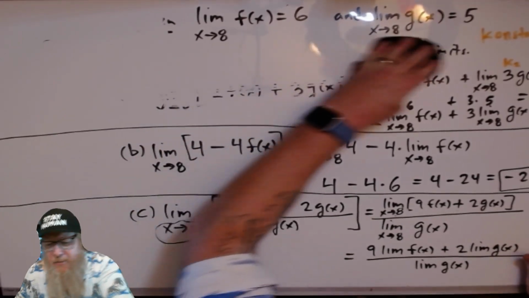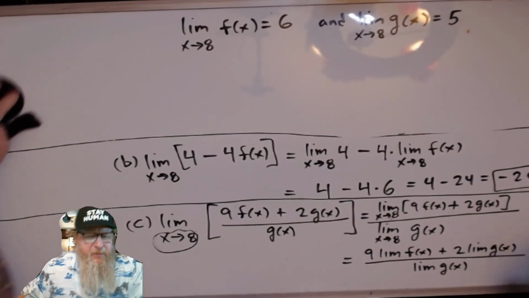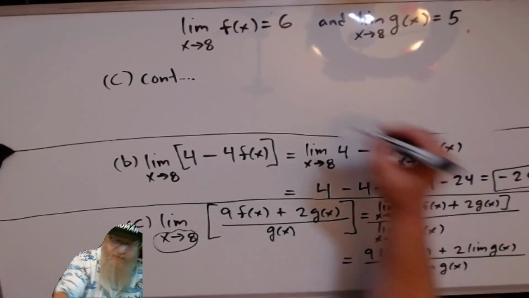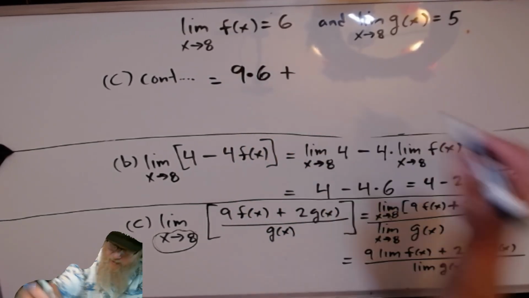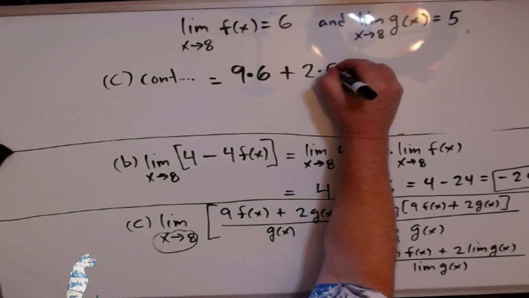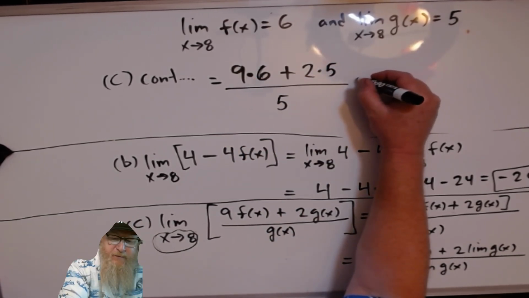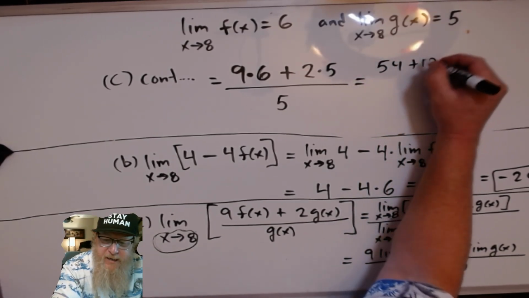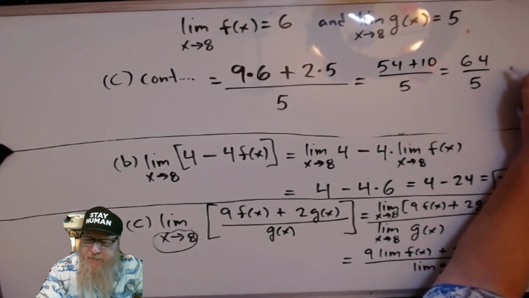So we know that we have these two limits. So this is c continued. So I've got 9 times 6 plus 2 times 5 divided by 5, which is 54 plus 10 divided by 5, 64 fifths.